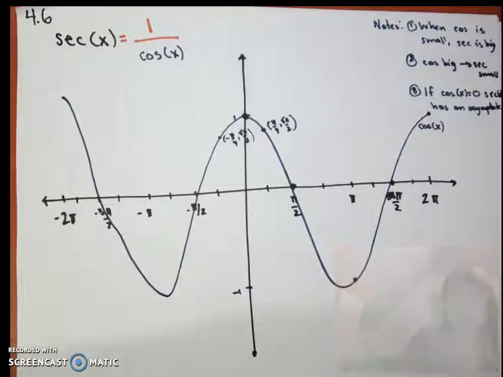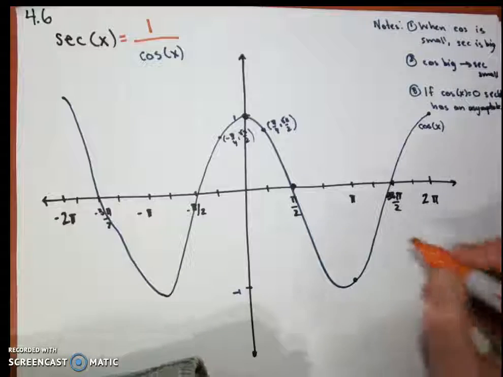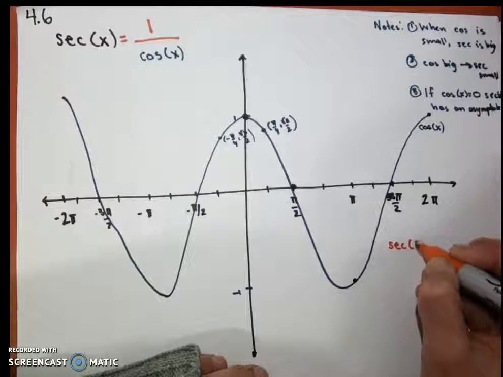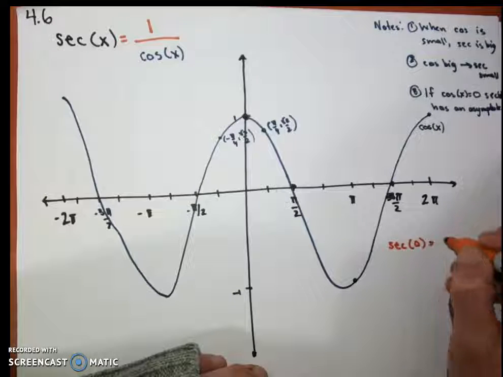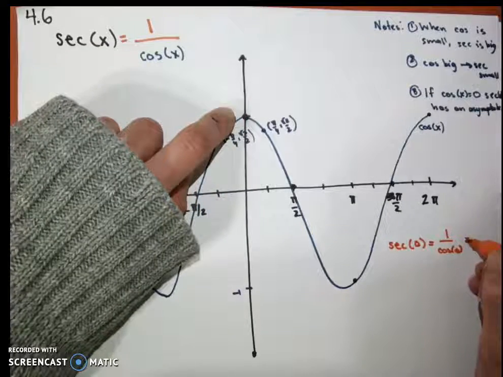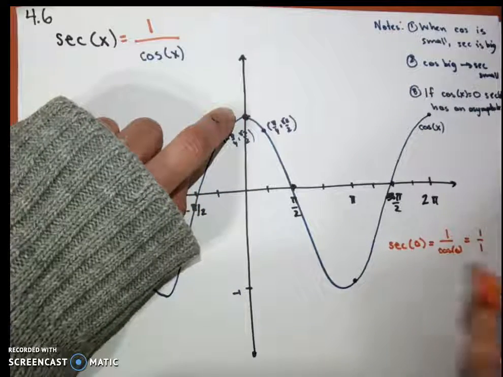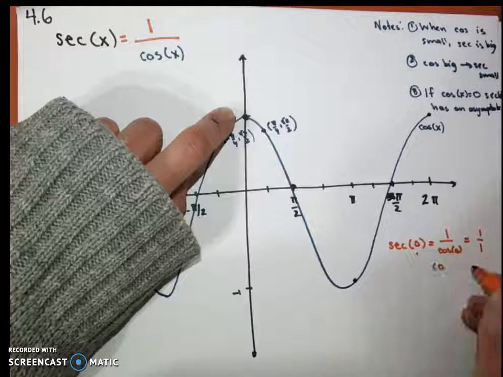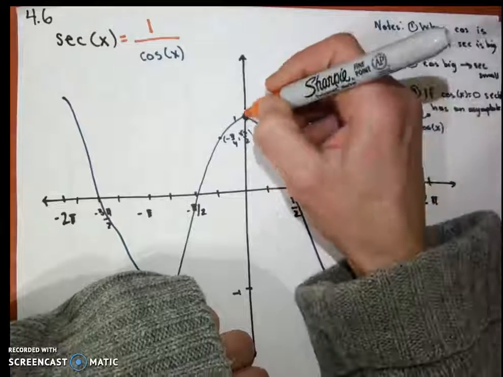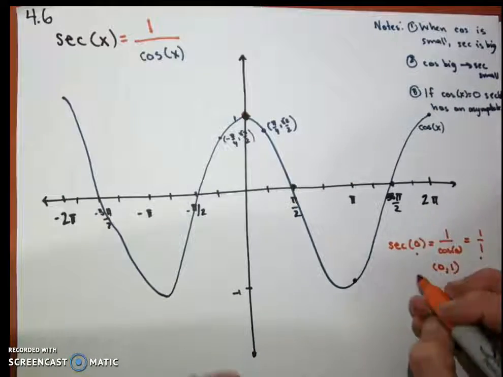Now we'll try to come up with some points on the graph of secant of x. So if we try to see what, let's say, secant of 0 is, that's going to be the same as 1 over cosine of 0. Cosine of 0 is 1, so this is 1 over 1, which tells us that 0, comma 1 is on the graph of secant. So that point.